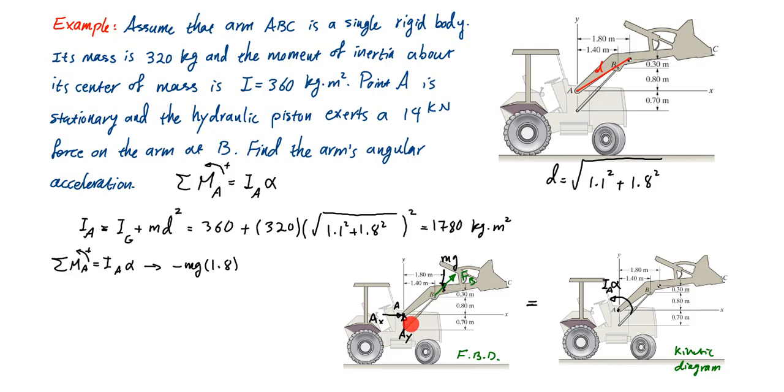I can find the perpendicular distance between the line along this force and point A and multiply that by FB, or I can find the components of FB along X and Y and multiply each component by its distance from point A. Let me draw it here. I can erase this. We don't need that. So this is FB.